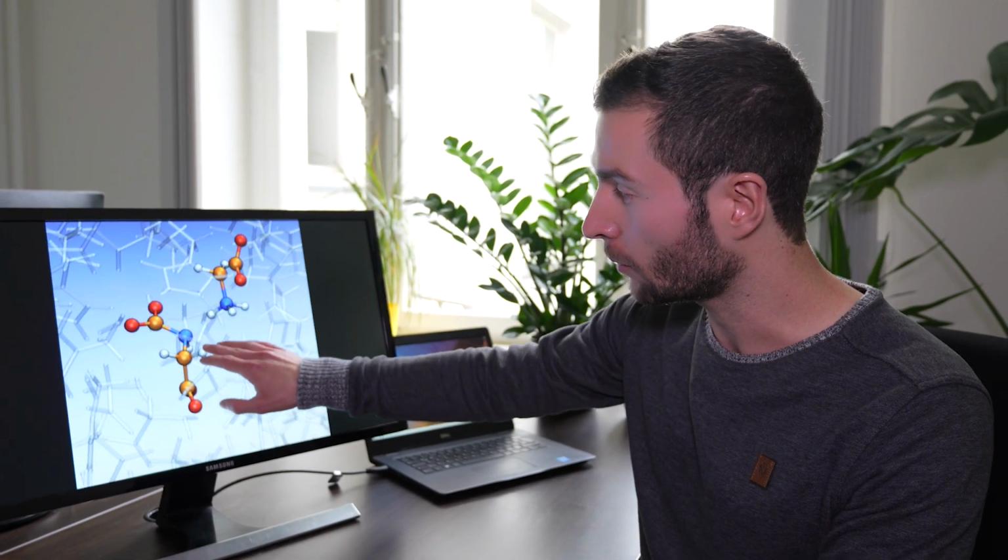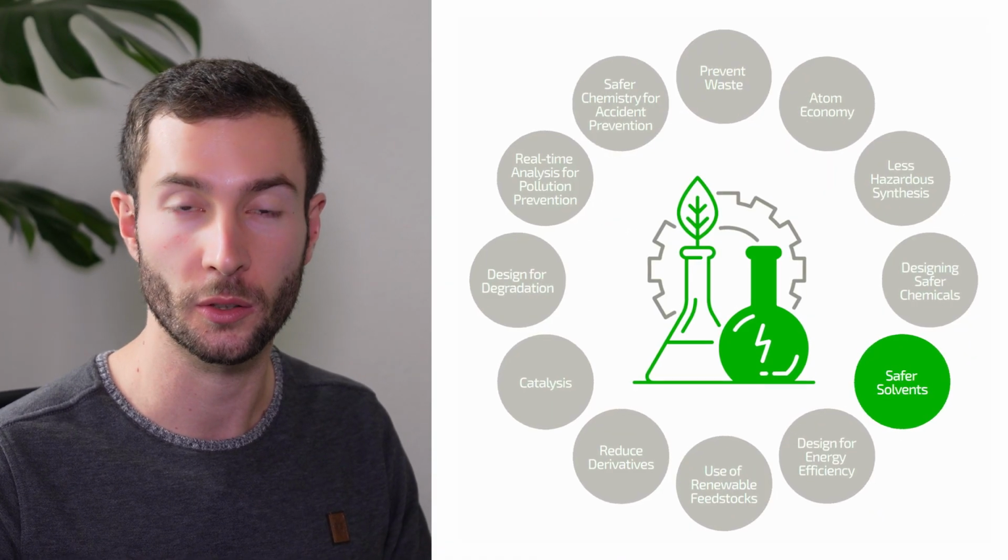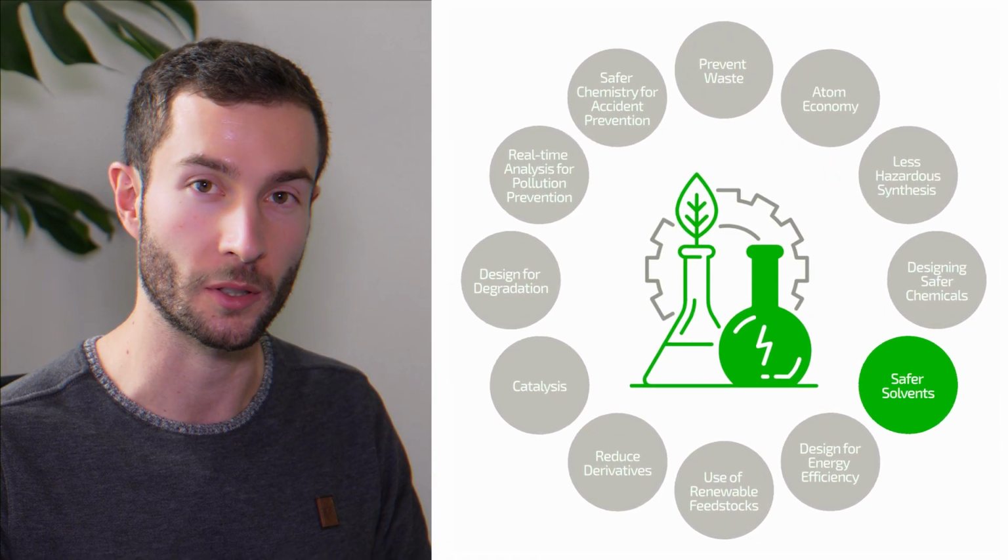If now the carbon dioxide binds to the ionic liquid, it can be removed from the environment. By studying this reaction, we can then learn which properties make an ionic liquid a good candidate for carbon dioxide capture. With this information, we can then propose new ways to capture carbon dioxide, where we replace harmful solvents with ionic liquids in order to comply with the 5th principle of green chemistry.